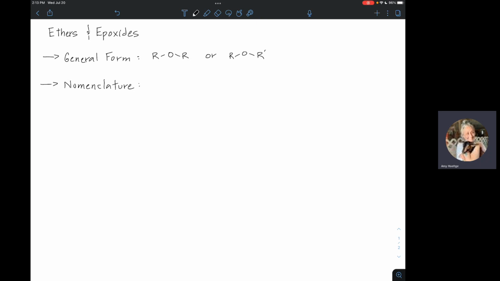we've got the IUPAC system, in which we're going to take the alkane and name the ether as an alkane with an alkoxy substituent, an RO substituent. The substituents are going to be named by replacing the YL ending of the alkyl substituent with oxy.